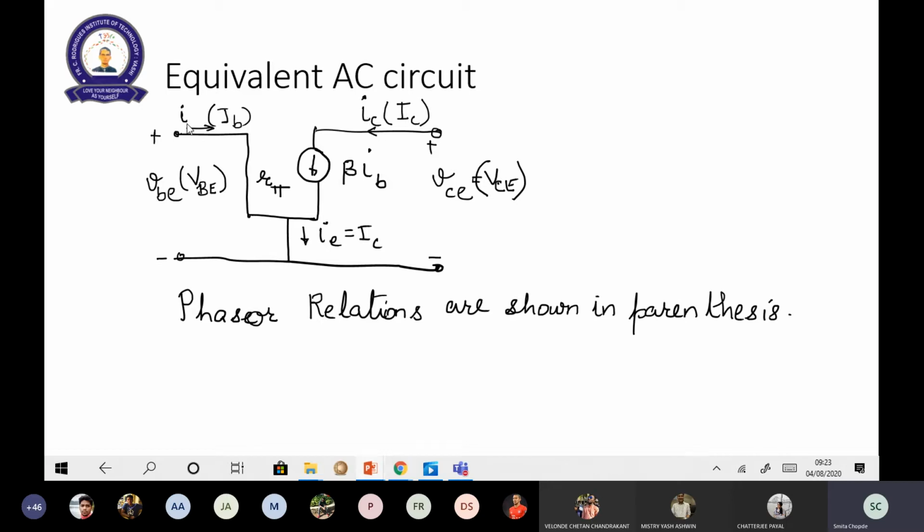Similarly, your base AC current and base DC current are in proportion with reference to phase. Similarly, even your emitter AC current and emitter DC current are in phase. Do you agree on this statement?